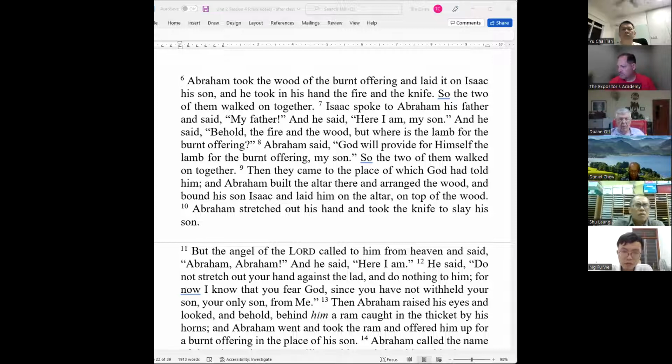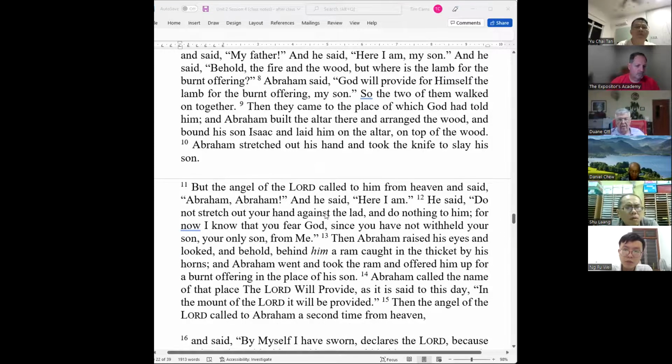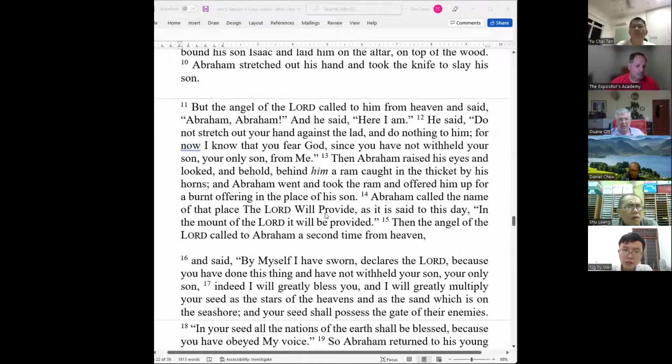So the 2 of them walked on together. Then they came to the place of which God had told him, and Abraham built an altar there, and arranged the wood, and bound his son Isaac, and laid him on the altar on top of the wood. Abraham stretched out his hand and took the knife to slay his son.